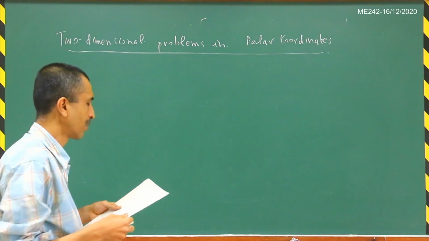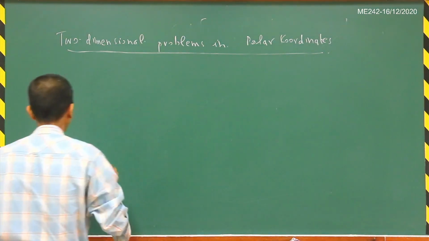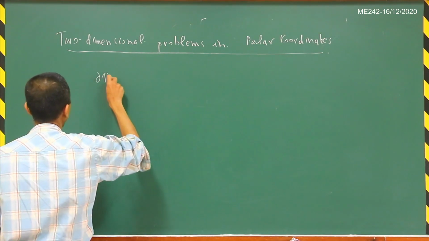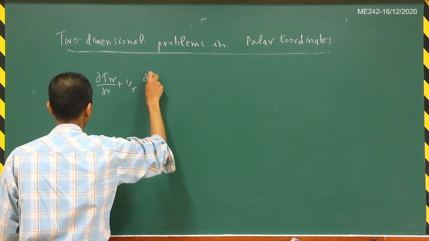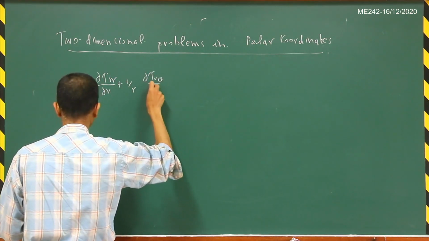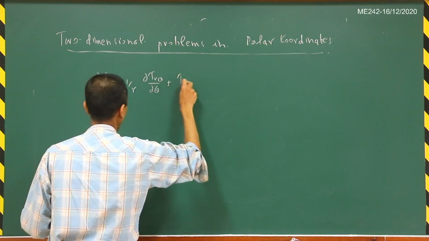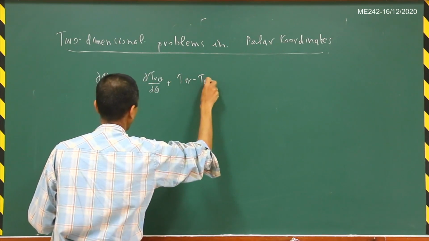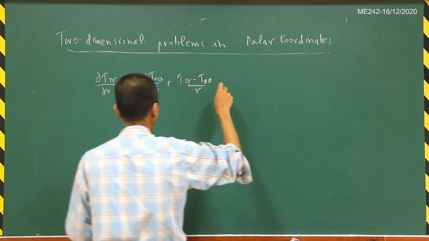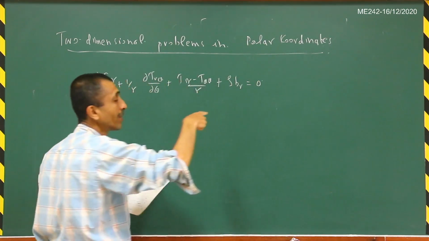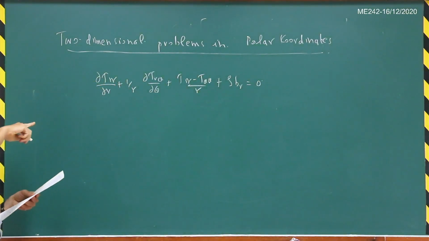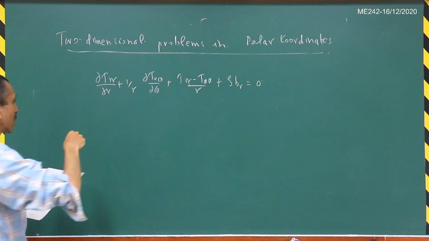So there the governing equation will be ∂τ_rr/∂r + (1/r) ∂τ_rθ/∂θ + (τ_rr − τ_θθ)/r + ρb_r = 0. This governing equation you have already derived in one of your homework, right?